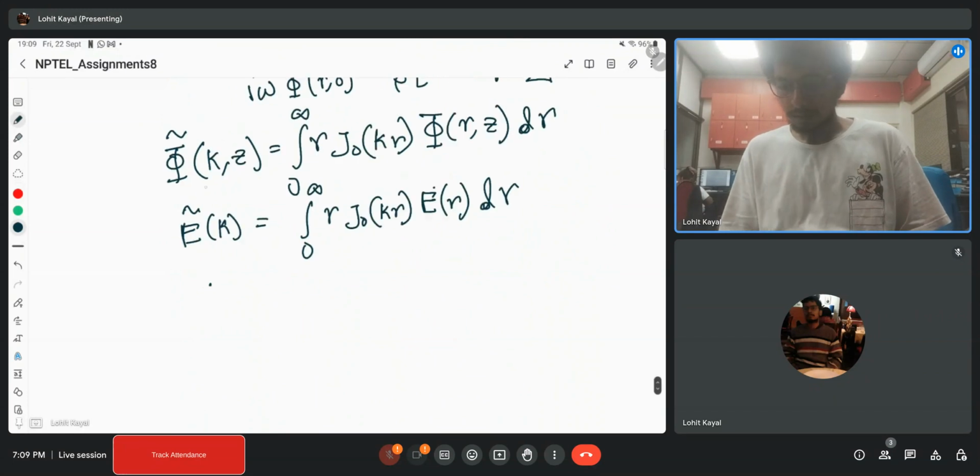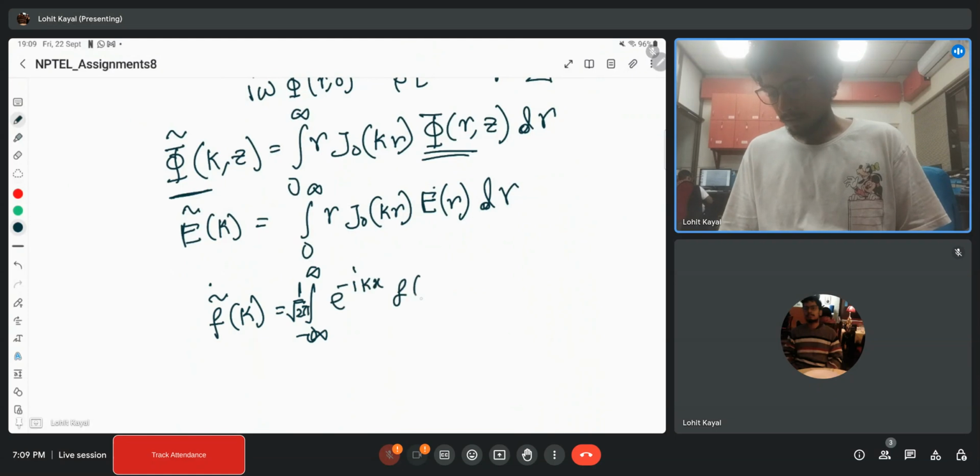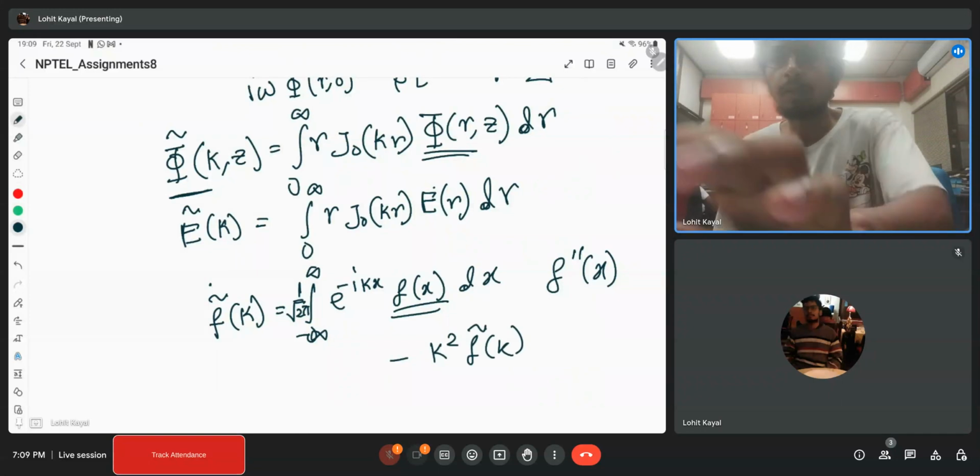For the Fourier transform, if f tilde of k equals the integral from minus infinity to infinity of 1 by square root 2 pi e to the power minus ikx f(x) dx, and now if you have f double prime of x, then it will be minus k square of f tilde k, right? We know that.